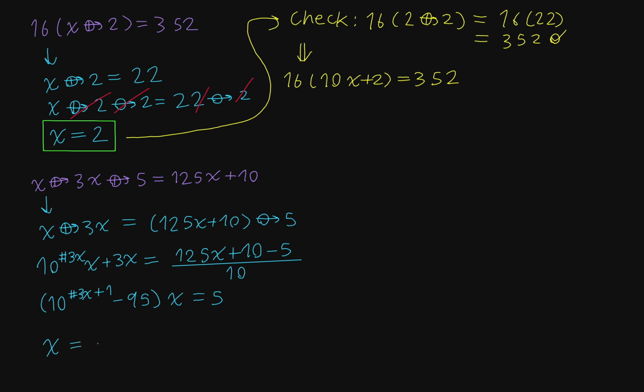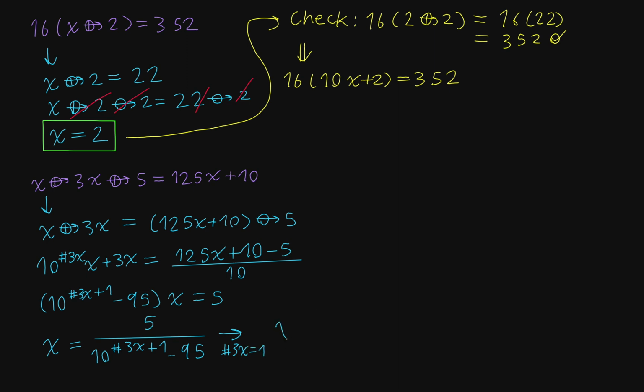So we're going to have x is equal to, I'm just going to write the denominator first, 5 over digit count 3x plus 1 minus 95. So this is what we have, and now we have to check some cases. The first one we can see is if we check 3x is equal to 1, so 1 digit.